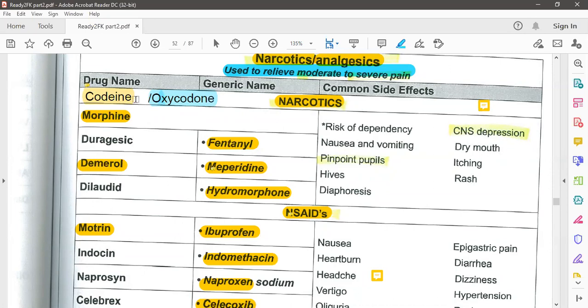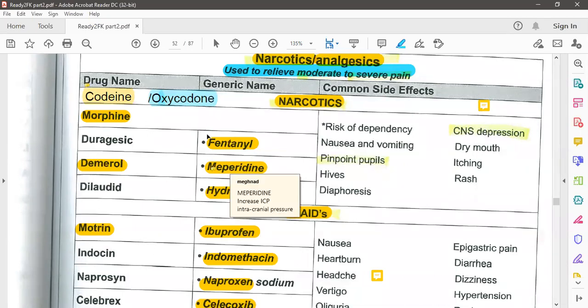So here we can see some of the common drug names and generic names that we use as narcotics or analgesics and what their common side effects are.